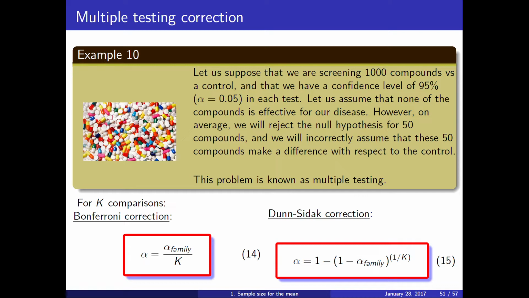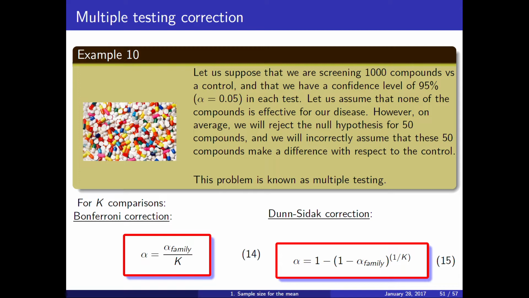The problem, as we saw in the first lecture, is that you will be increasing the probability of getting false positives. So as a family, the false positive rate is much higher than this 5% of just a single test.